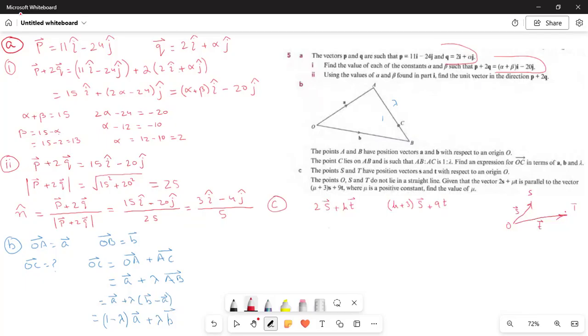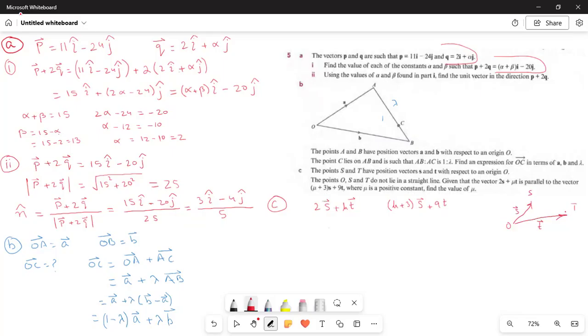If these two vectors are parallel, there must be some kind of ratio between them. Ratio means if you multiply the coefficients of S and T by the same number, you should get the other coefficients of S and T. Only then will they be in a straight line.